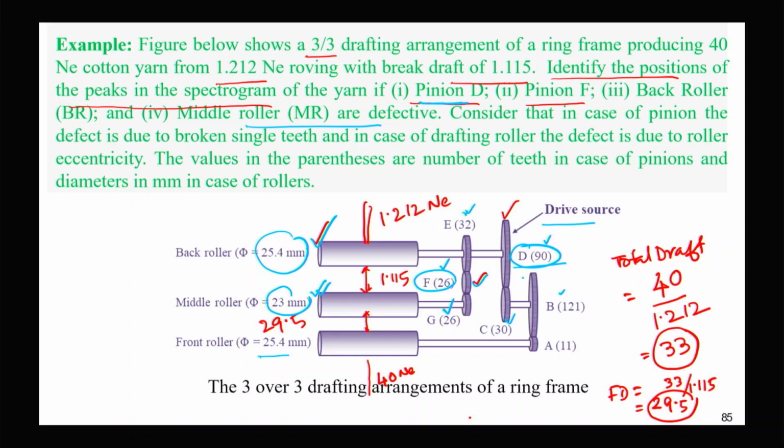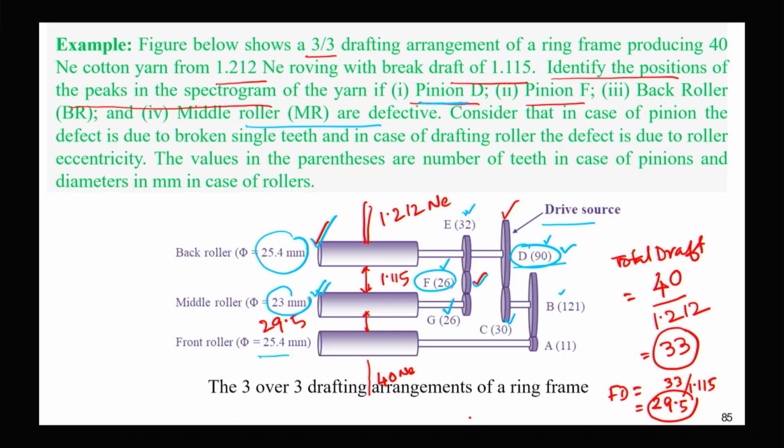For one revolution, one tooth is broken. So for one revolution of pinion D, it will give one jerk to pinion C. This jerk is responsible for periodicity.